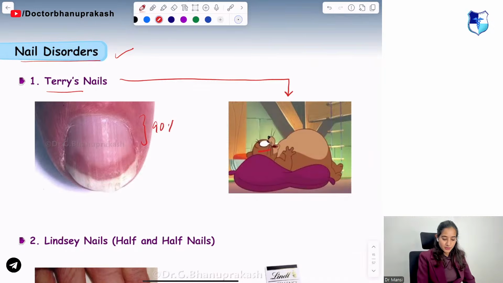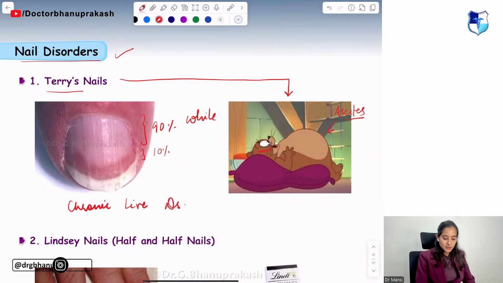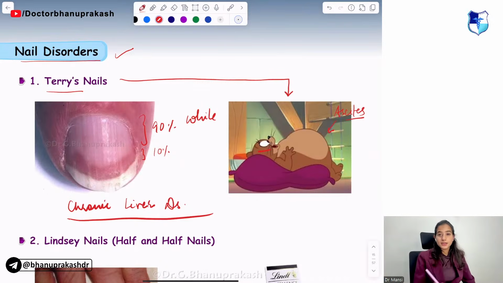The 90% of the nail is white, and the rest 10% is dark, pinkish reddish, like the iris of Jerry. Now why I've taken this image, this big belly of Jerry is going to remind you of ascites, which is seen in chronic liver disease. So these nail findings are associated with certain disorders. Terry's nails are found in patients of chronic liver disease.